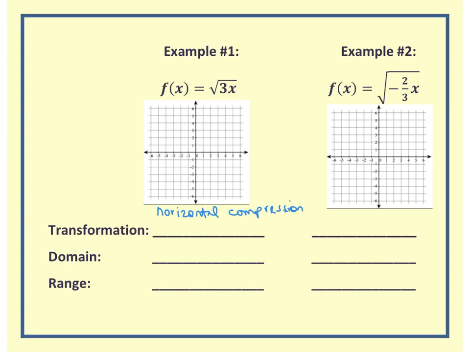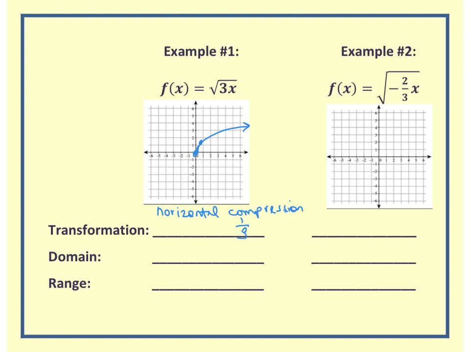What's the reciprocal of 3? It's 1/3. Okay, so this b value does not change the domain either. The b value is still going to start right here. And this is the square root of 3x. So this is going to make the graph actually get closer to the y-axis.